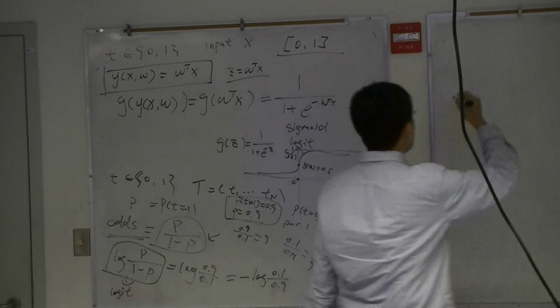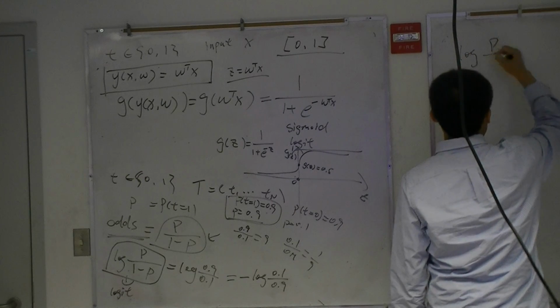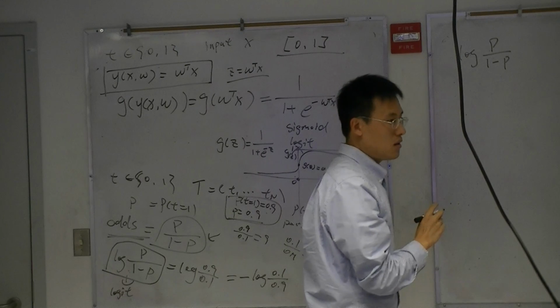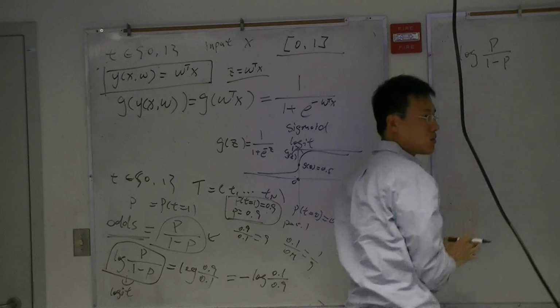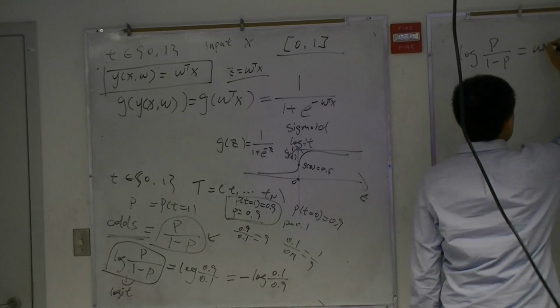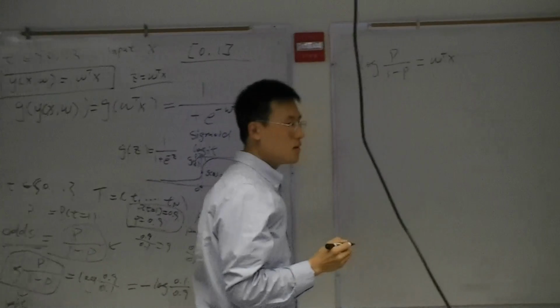And if we want the output of linear regression equal to this log odds, equal to this logit function, you can set something like this, right?